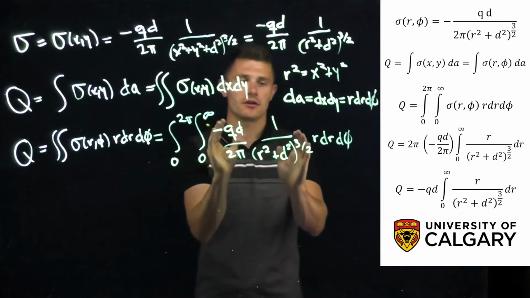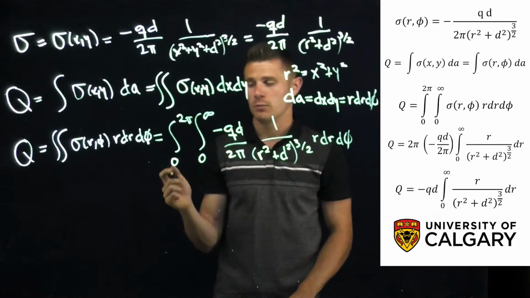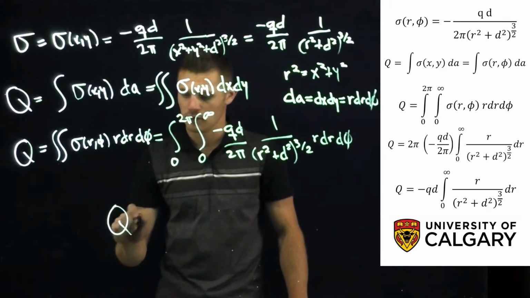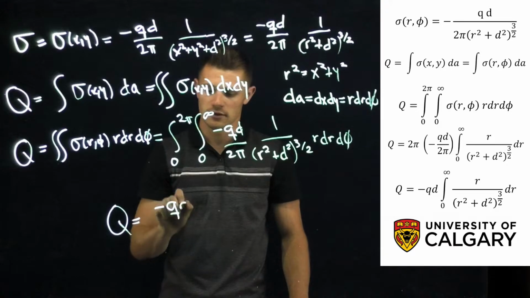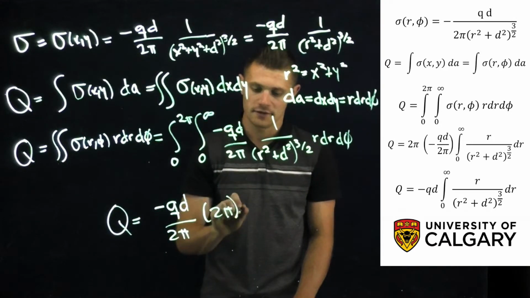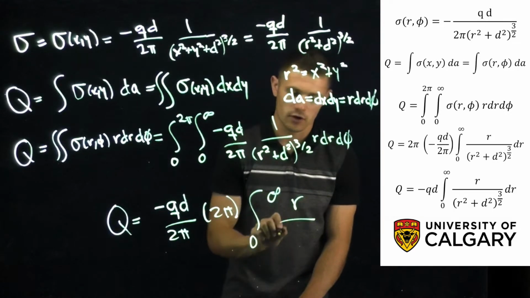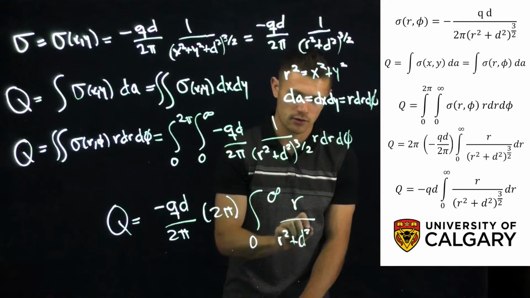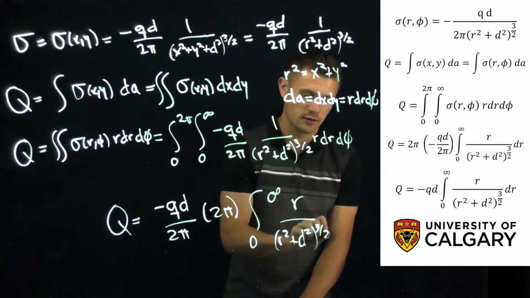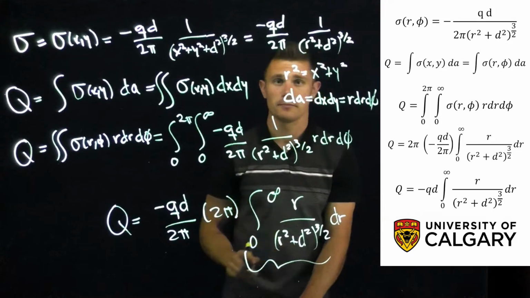Right away we can see that our function does not depend on phi, so we can integrate that out, pulling all the constants outside of the integral. We have minus qd over 2 pi, integrating over d phi gives us 2 pi, and we have the integral from 0 to infinity of r over r squared plus d squared to the power of 3/2 dr. The last step is to solve this integral.